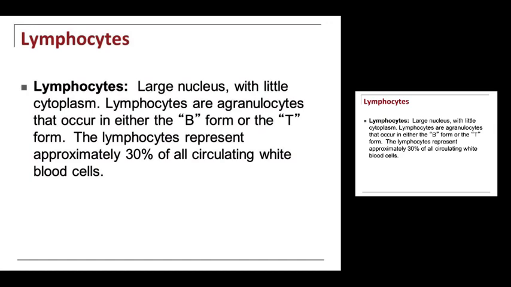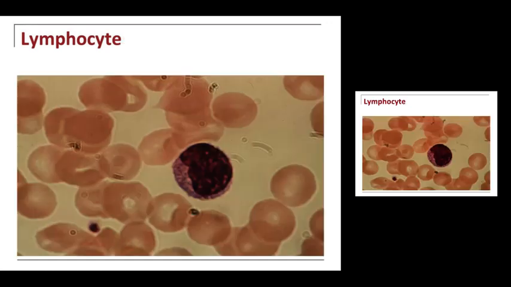They're agranular, and there's B and T cells. B for the bone marrow, T for thymus. The lymphocyte represents about 30% of all the circulating white blood cells. Never let my engine blow, 60-30, 6-3-1. There's the lymphocyte. You can see that the nucleus here is almost as large as the cell.